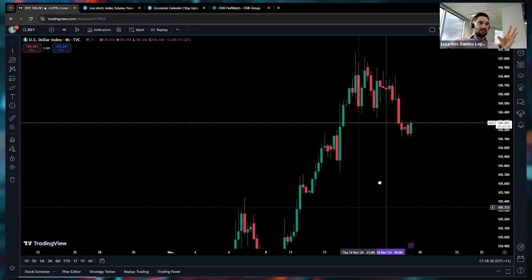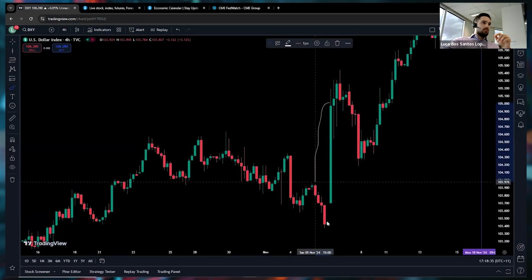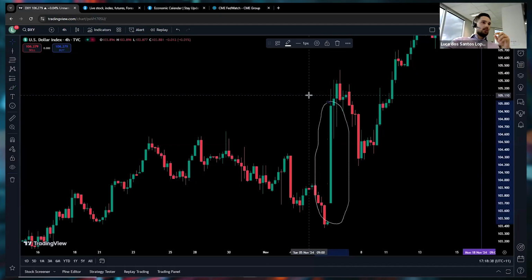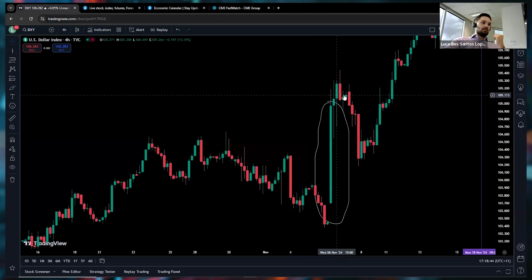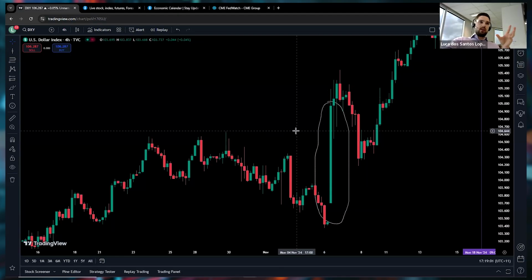Remember, on the 6th, when we come to this big candle here, this was when Donald Trump was elected, on the 6th and 7th of November, both of those days. This leaves a little bit of room for further upside without concrete policy developments. Because yes, Donald Trump will be better than Kamala Harris for the economy and for the US dollar. Therefore, people buy US dollars because it is good at the moment.